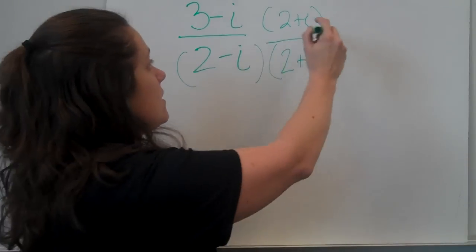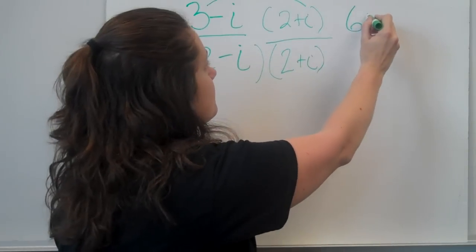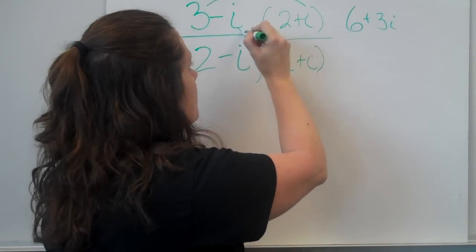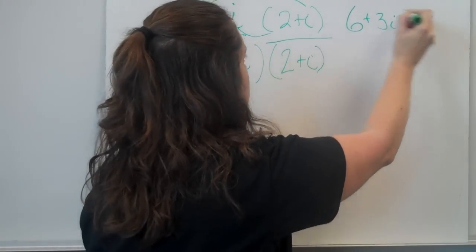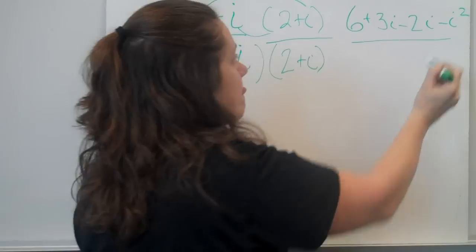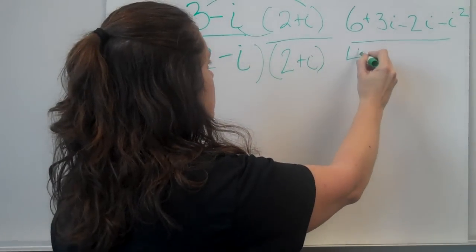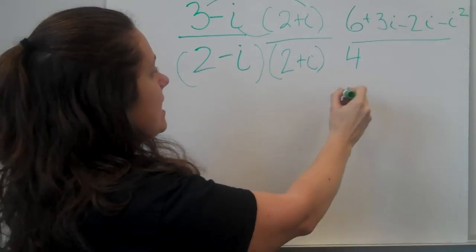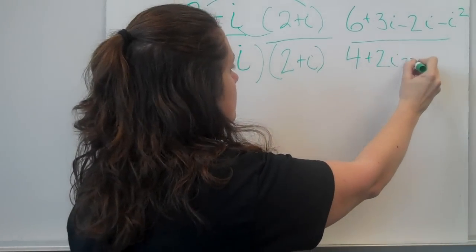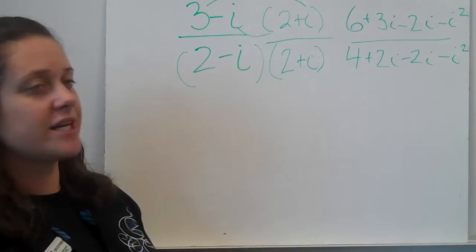So I'm going to have the first, outside, inside, and the last. Okay, now I'm going to do FOIL to the bottom. Okay, so that these are going to cancel. Okay, so I ended up with that.